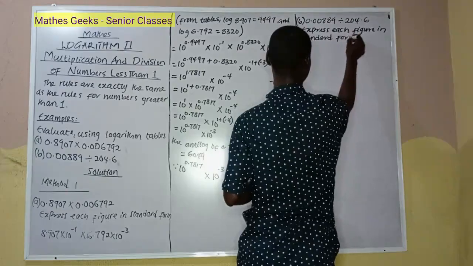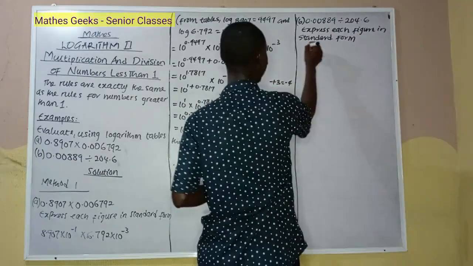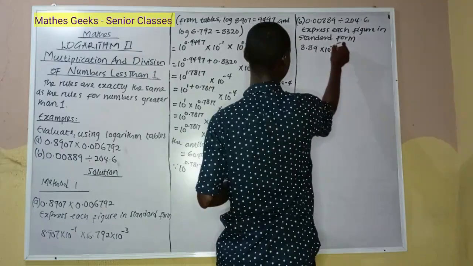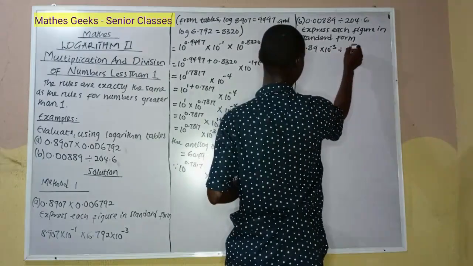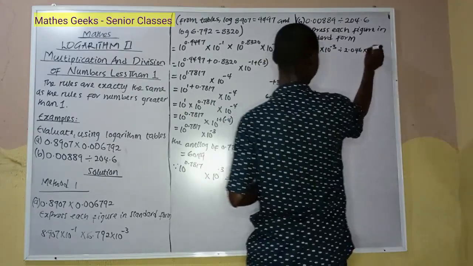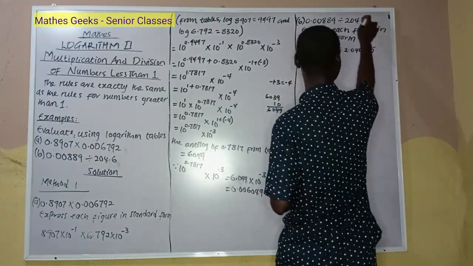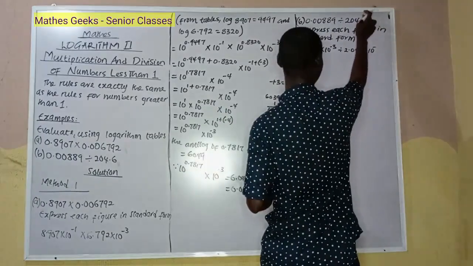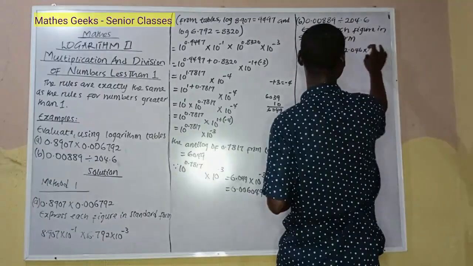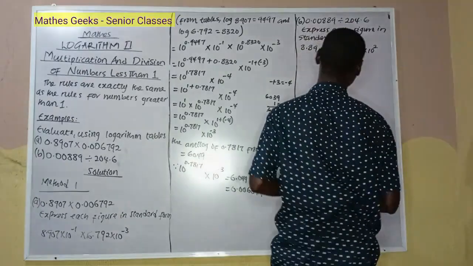This will give us 8.89 times 10 raised to minus 3 divided by 2.046 times 10 raised to the power 2.